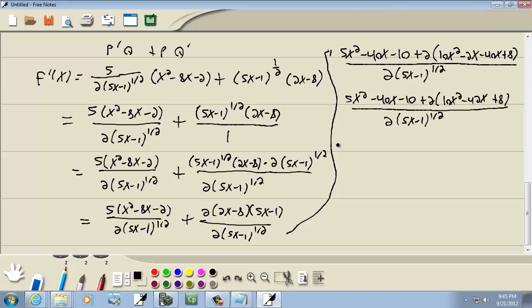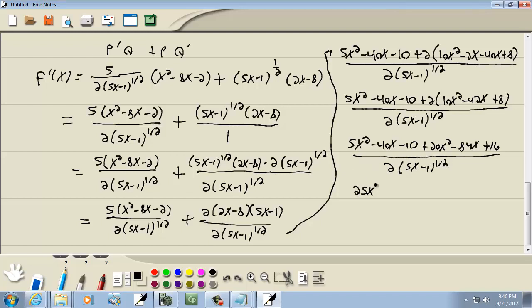And let me double check that. Minus 2 minus 42 plus 8. Okay. So I'm going to get 5x squared minus 40x minus 10 and multiply the 2 through. So I got 20x squared minus 84x plus 16 over this. Combine together like terms.